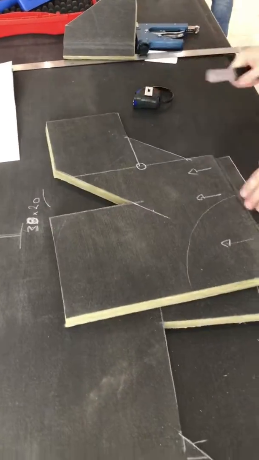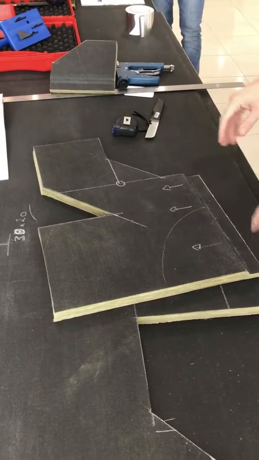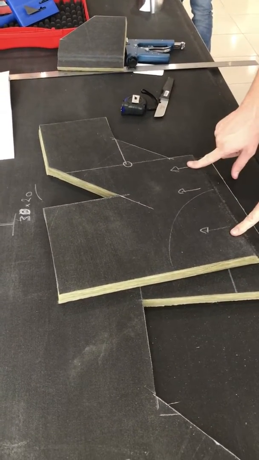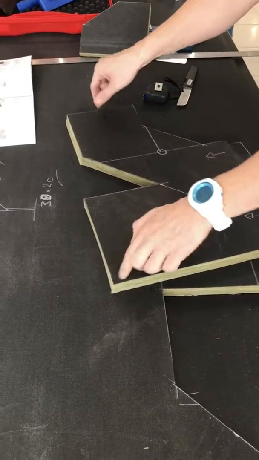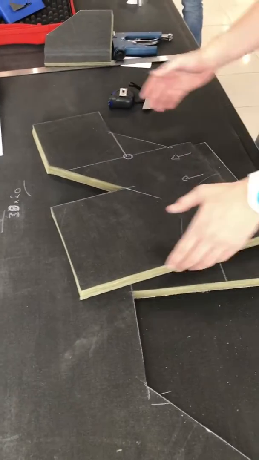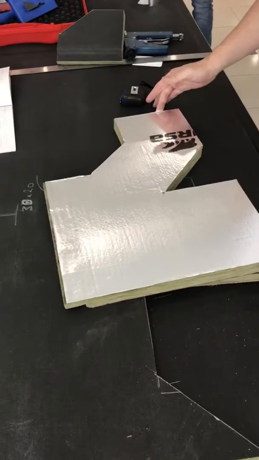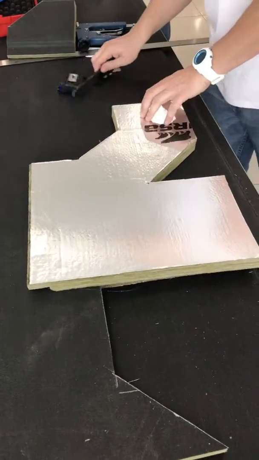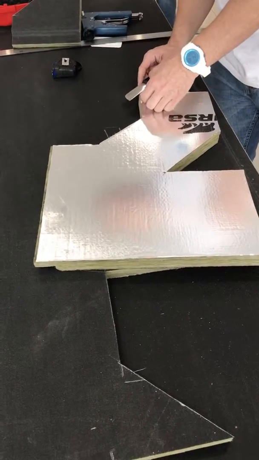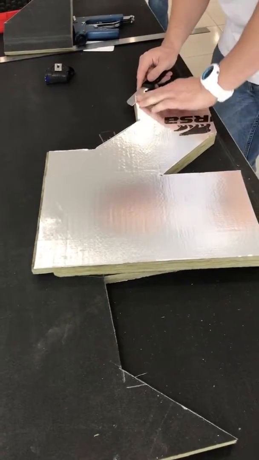Then, what's needed to be done here? Female, inlet, outlet, male and male. Remember, the male, the shiplap is on the other side. Then you have to turn it back. Paper, you have to take it out.